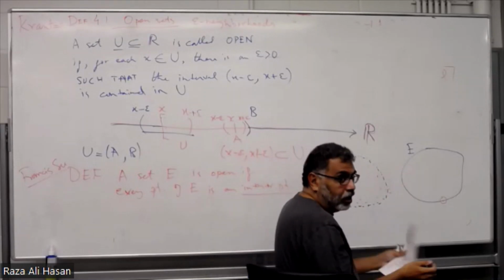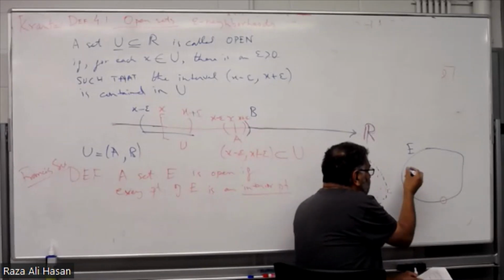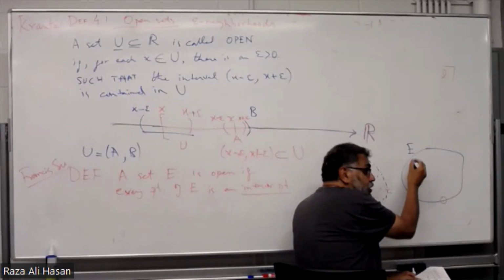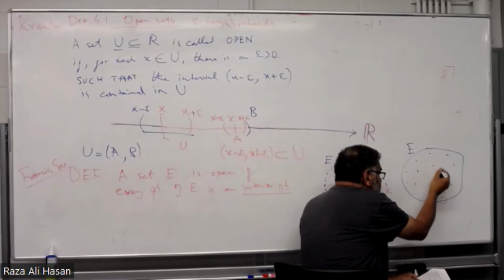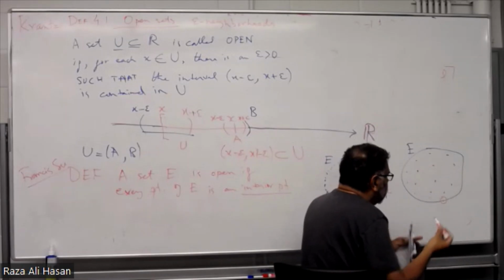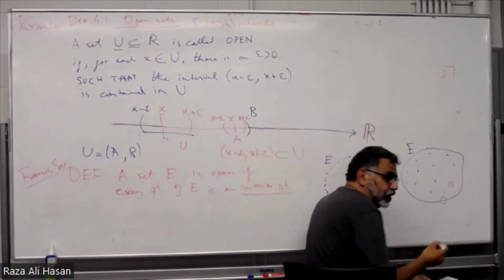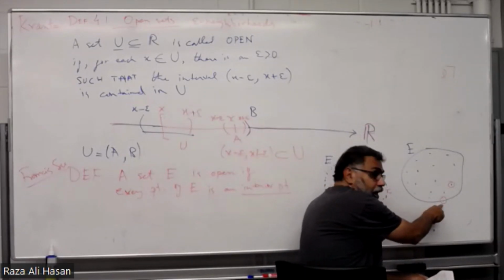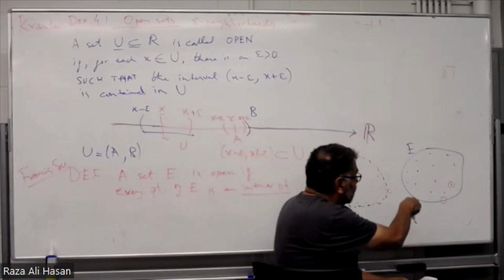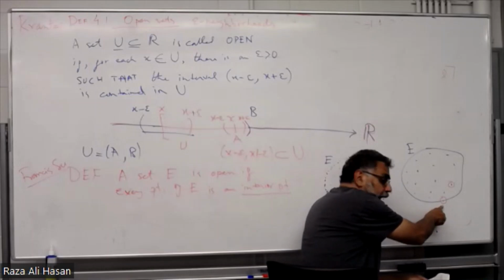And here, all the points on the boundary are included in set E and also inside. If you make a neighborhood around this point, that's fine. But for the boundary points which are included in E, the neighborhood and its points are not fully contained.